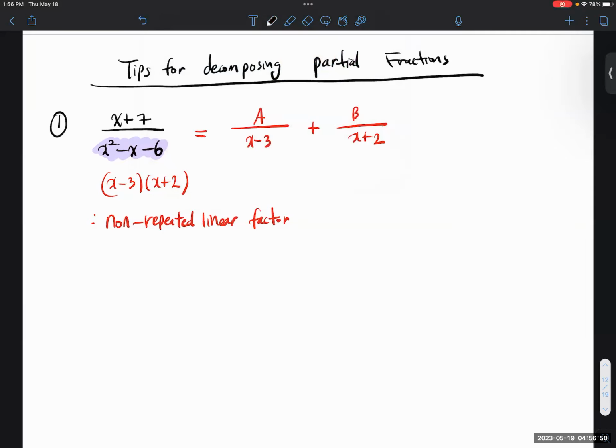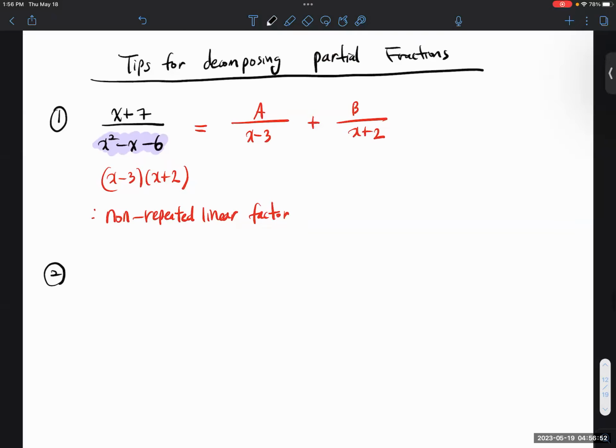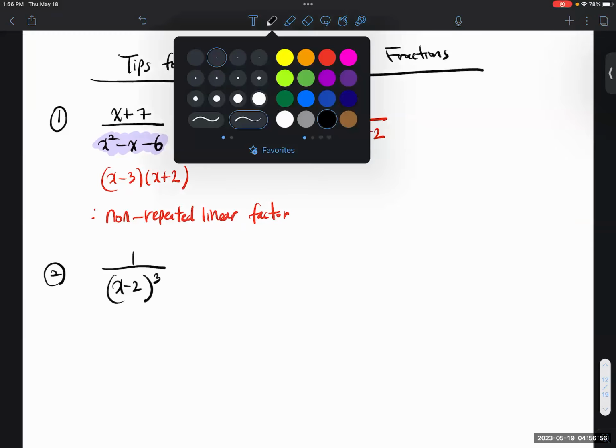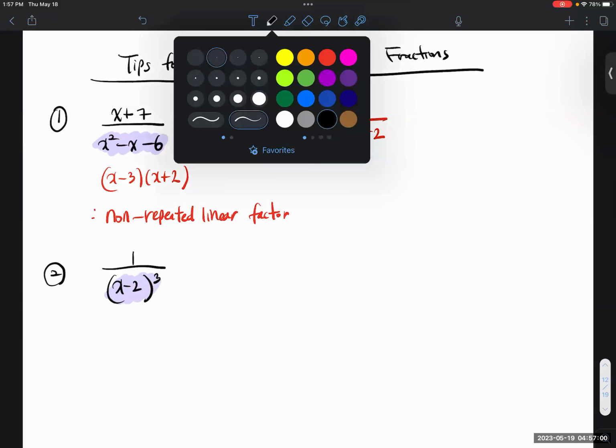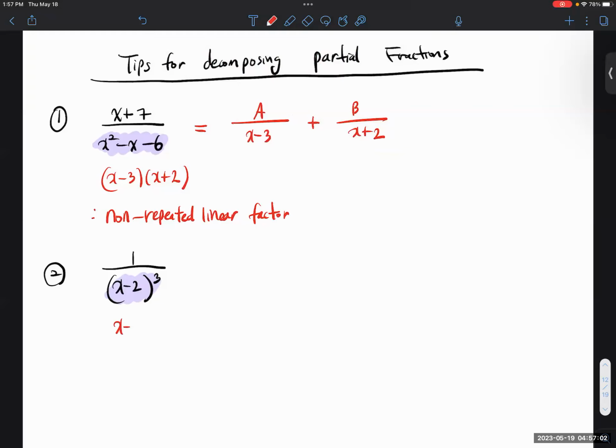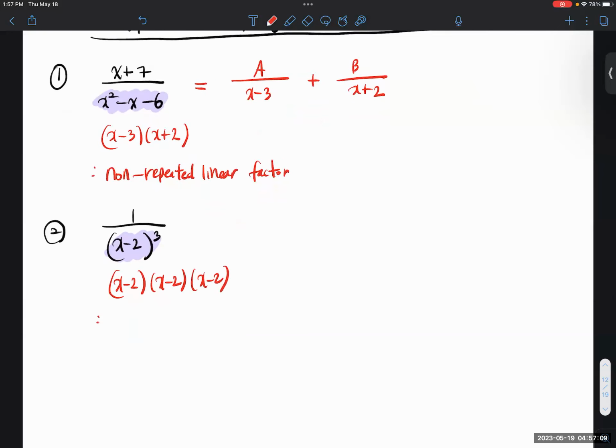However, there's another case. What if I have 1 over (x minus 2) to the third? What are the factors of the denominator? Look at that. This is repeated: x minus 2 times x minus 2 times x minus 2. This is what we call a repeated linear factor.